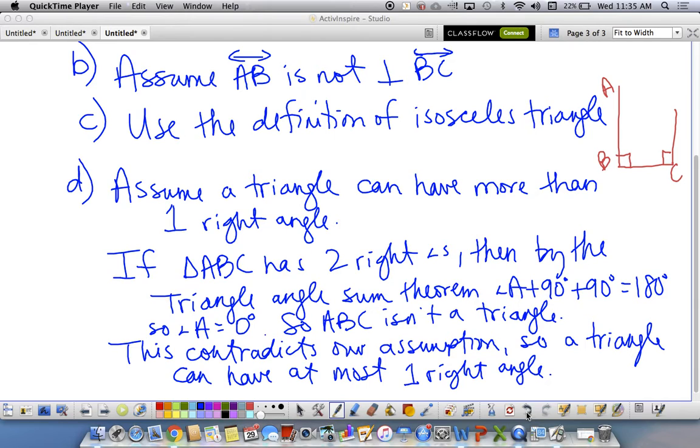All right, letter E. Letter E says, use an indirect proof to show that angle 4 is congruent to angle 6 if M is parallel to N. So this one, it's a little bit more clear. What am I given?